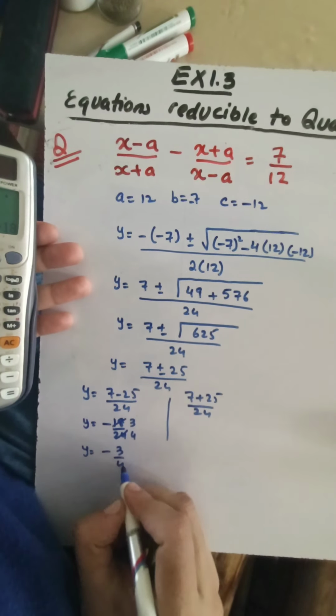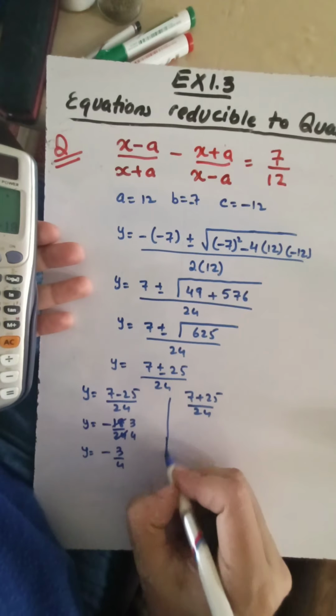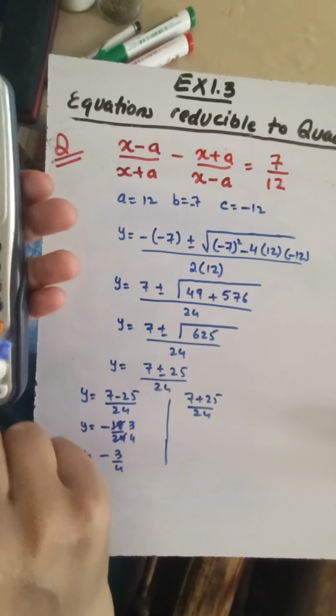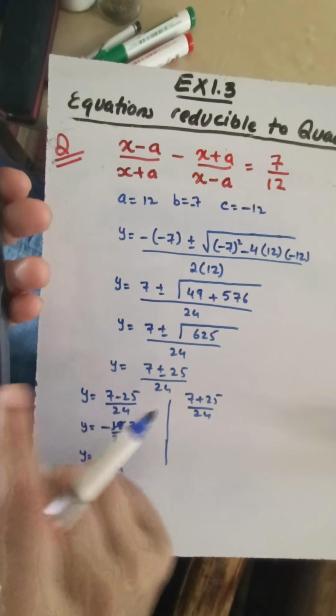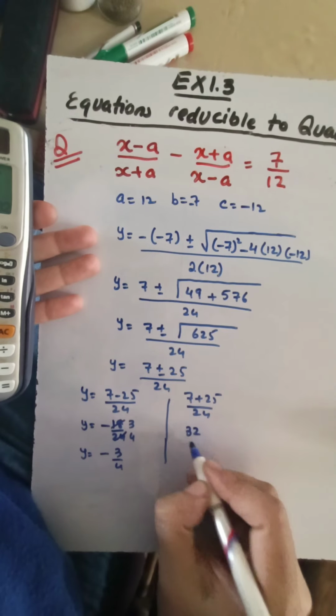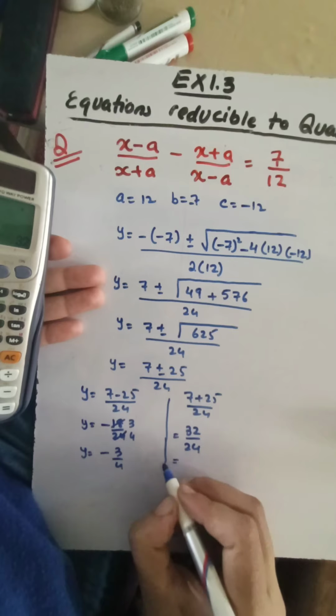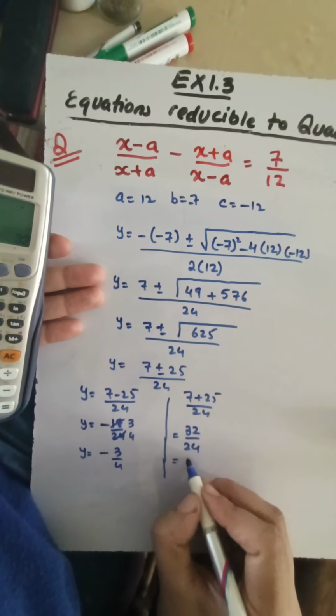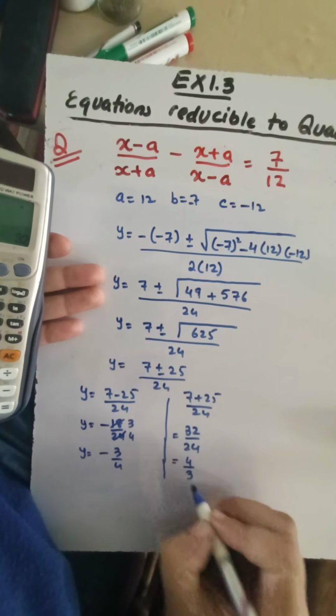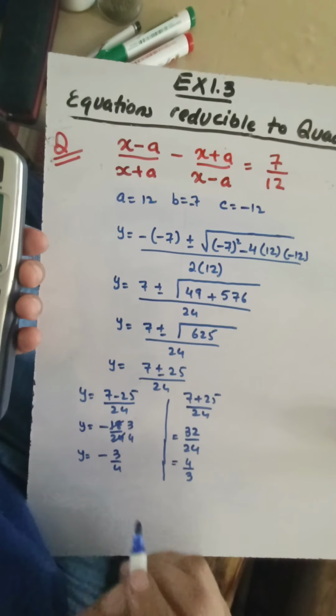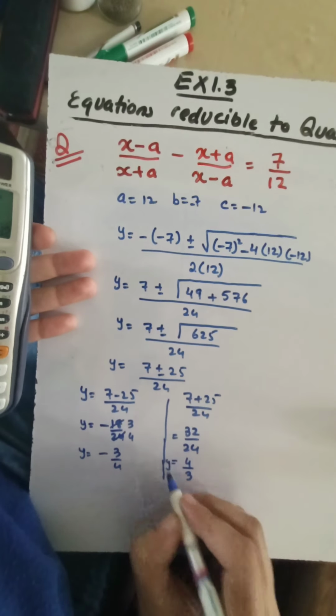This is equal to negative 3 by 4. And if we add them, 25 plus 7 gives 32. 32 by 24, if I simplify it by 8, is 8 4s are 32 and 8 3s are 24. Okay, so y has these two values.